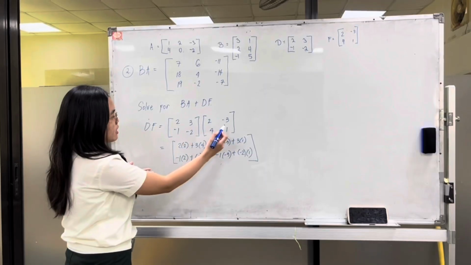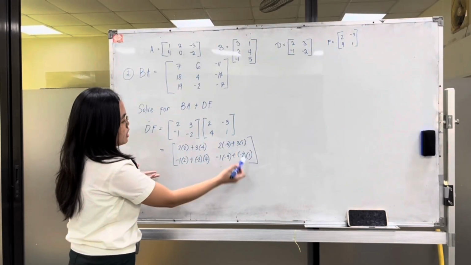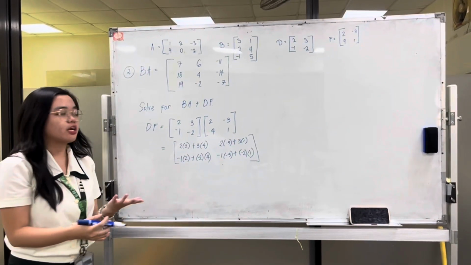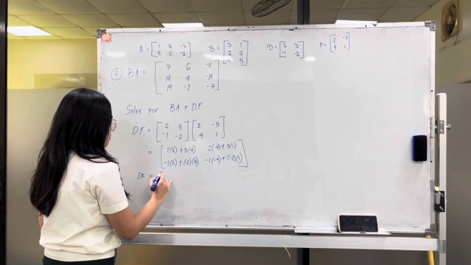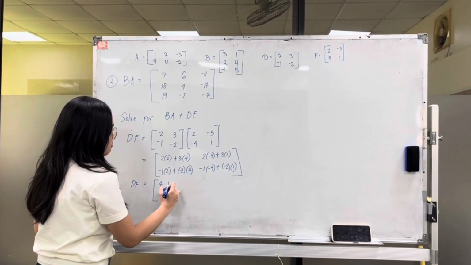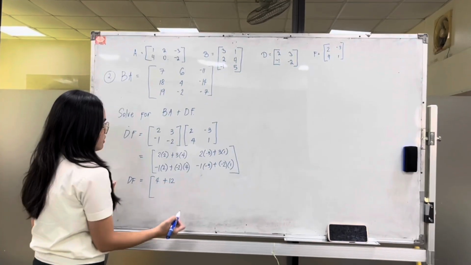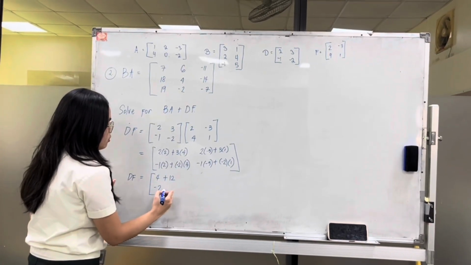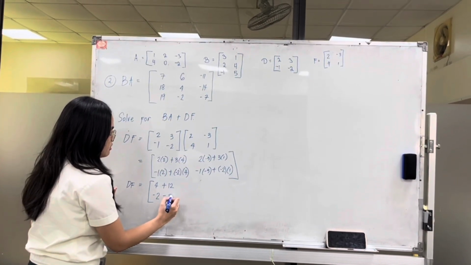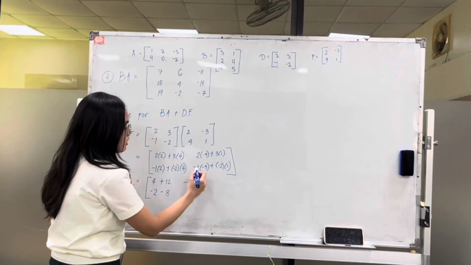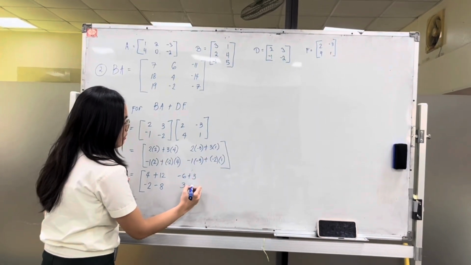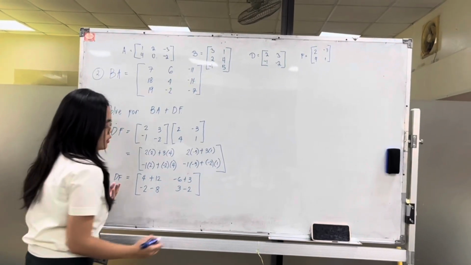Negative 1 times negative 3, and negative 2 times 1. So it's important that you really check your values. So we have EF is equal to 4 plus 12. Next we have negative 2 minus 8. Next we have negative 6 plus 3. Next we have 3 minus 2. Okay, double check.